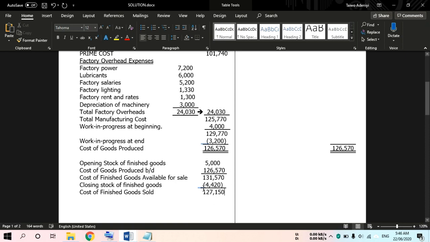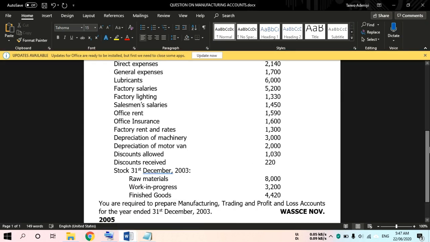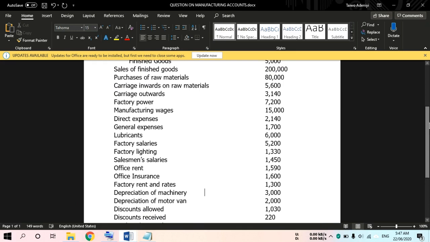Then for the trading account on this side, temporarily we are done. So next is to go to the credit side and write our sales of finished goods, and the sales is given in the question as 200,000 naira.